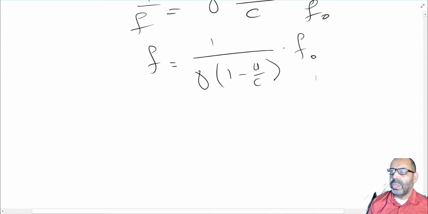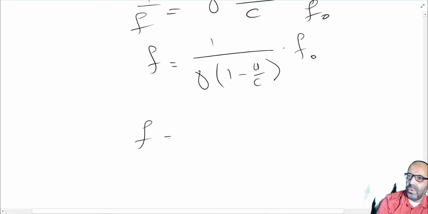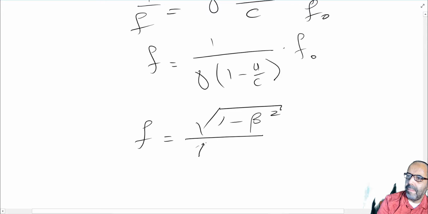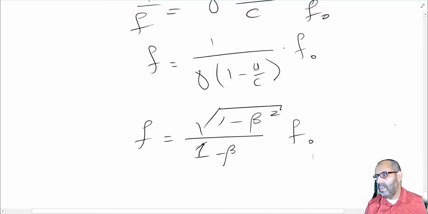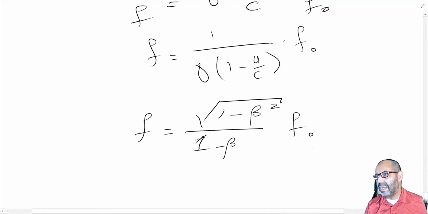So this expression then, f equals the square root of 1 minus beta squared, divided by 1 minus beta, times f naught. The reason why I have 1 over gamma is because gamma itself is 1 over the square root of 1 minus beta squared. So when you flip it, it's just going to go to the numerator. So that's basically the expression we ended up with.